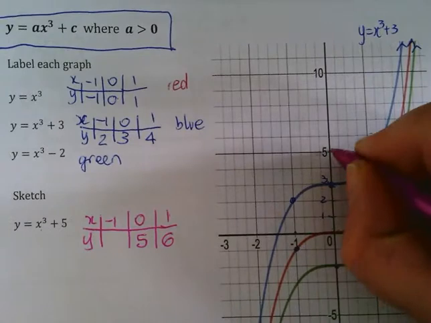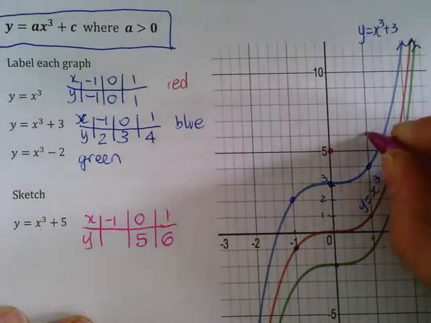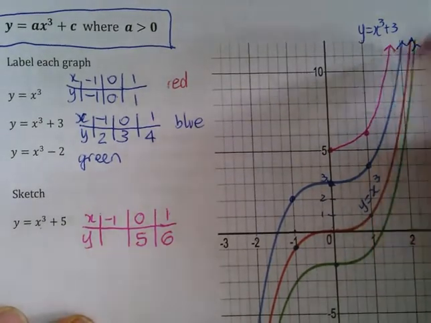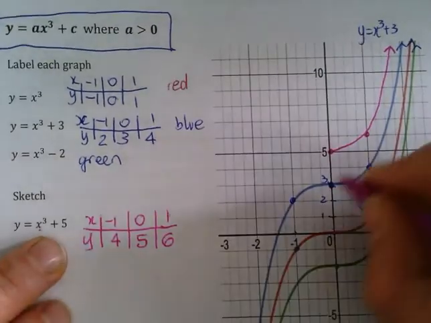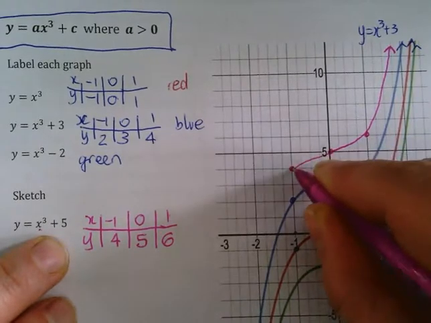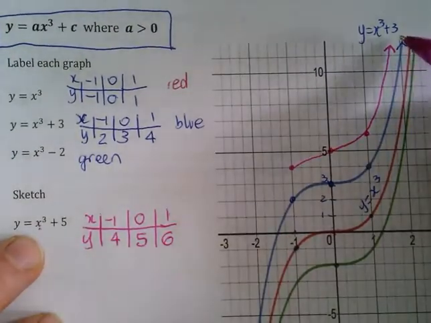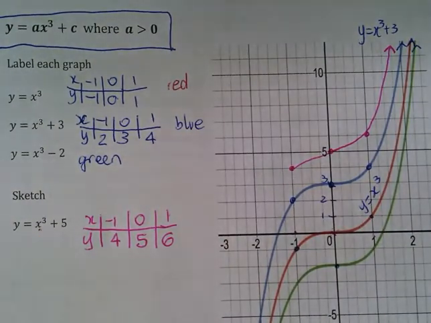So let's do those 2 points. 0 across, 5 up. 1 across, 6 up. So it's looking like this, and it'll just curve. And negative 1 cubed is negative 1, plus 5 is positive 4. Negative 1, up 4. I could do 2. 2 is going to be 13. I'm not really going to fit it on my graph, so.